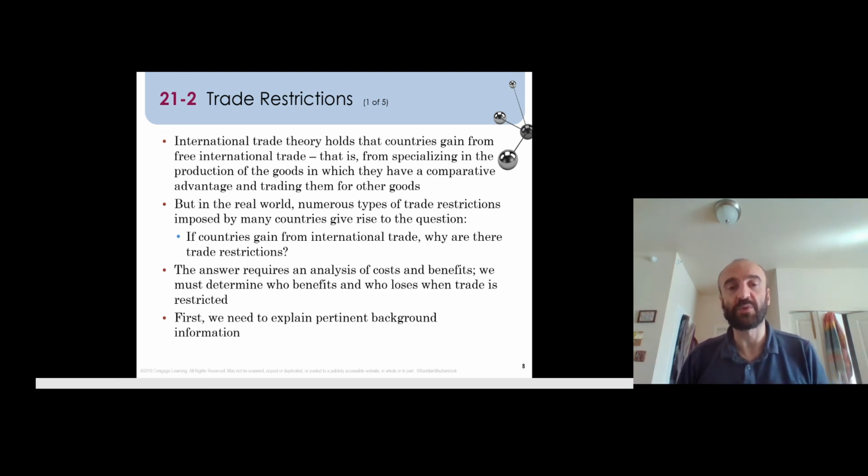So this is the deepest reason why economists are so skeptical about protectionism, because it's so obviously false when you look at the basic principles of economic theory: division of labor, specialization, and comparative advantage.